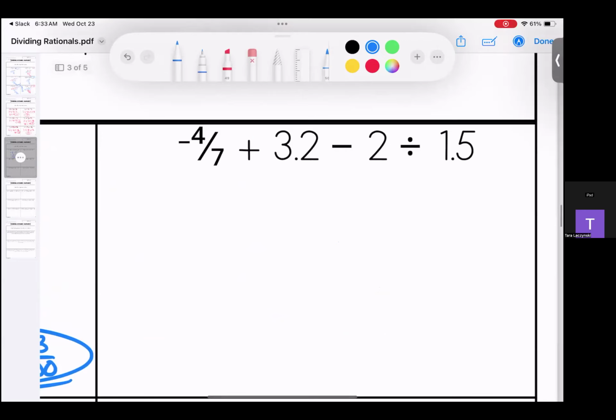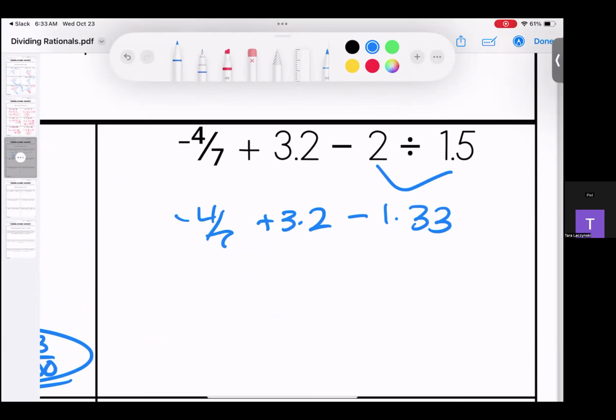Options, both of them are good. All right, starting with the division, 2 divided by 1.5 is 1.33. Bring down my subtraction sign. Make sure you bring your signs down. I'm going to convert this to negative 5714. And when I subtract these, I guess I won't subtract it yet. We'll move it through.